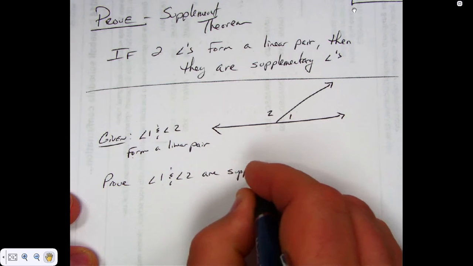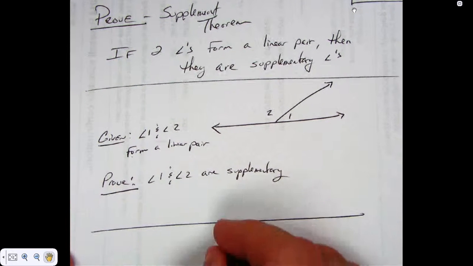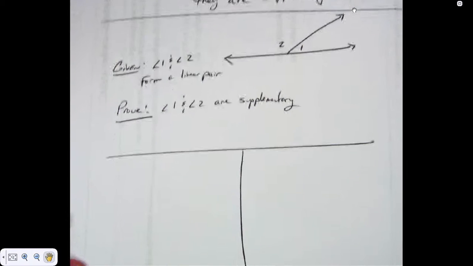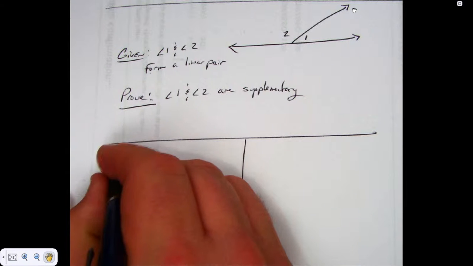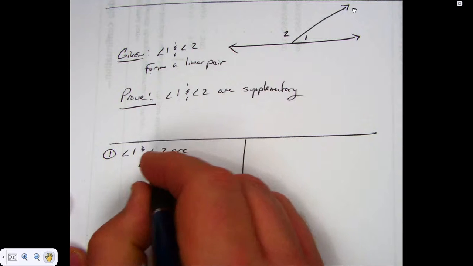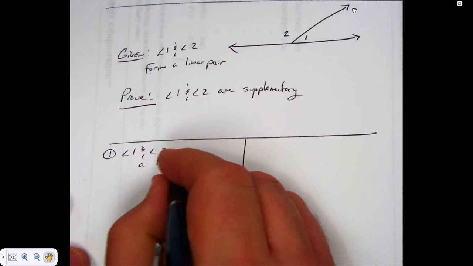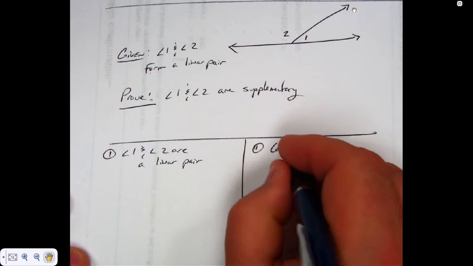Supplementary. That's given. Angle 1 and angle 2 are a linear pair.